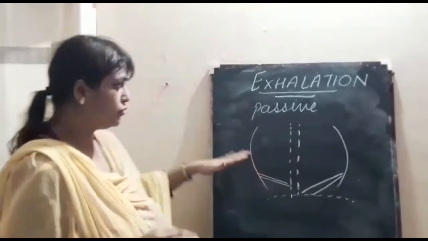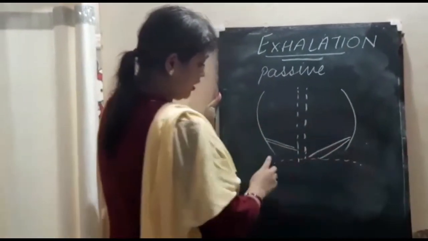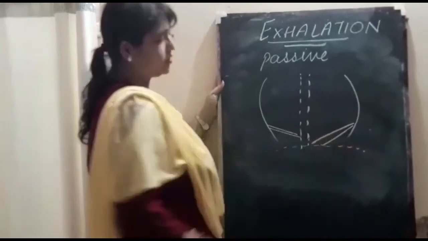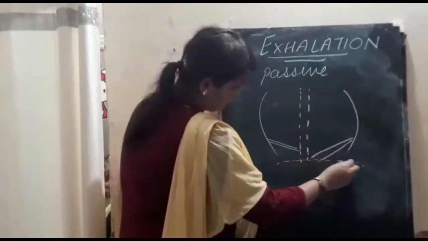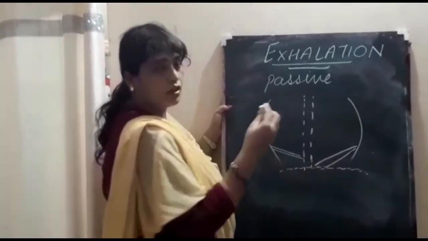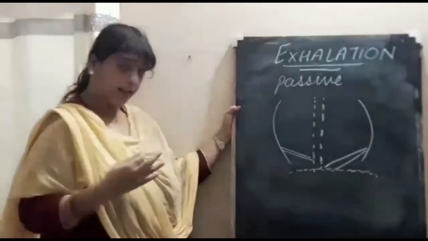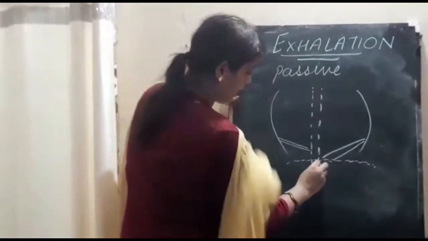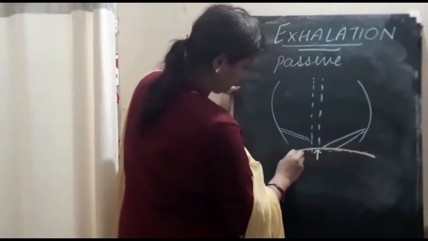Now let me show you with a picture. These are the ribs. This is the rib cage and these are the ribs. Now what happens? Now this is the diaphragm. It is dome shaped. When there is a contraction, it becomes flat, and when there is exhalation, it comes back to its same position, that is the dome shaped.